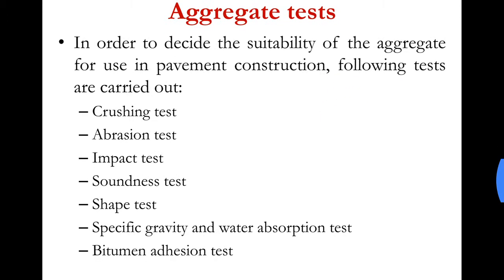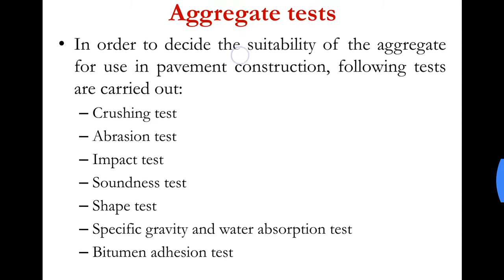Now, aggregate tests. In order to decide whether the aggregate sample that we get is suitable to be used for road construction or not, we perform a few tests on that aggregate.